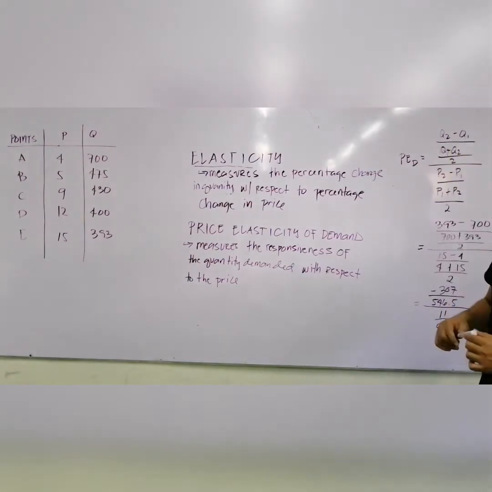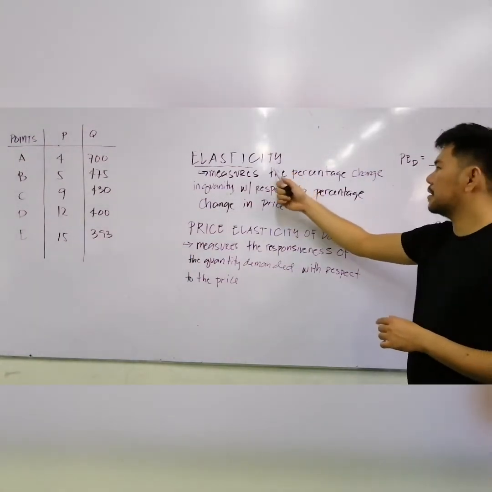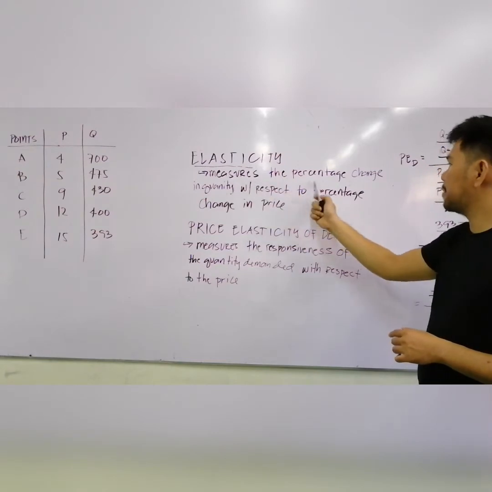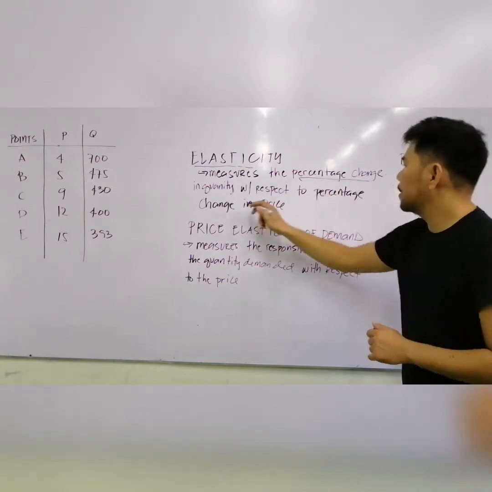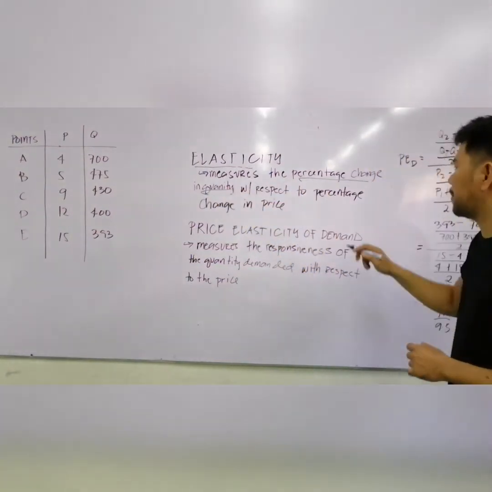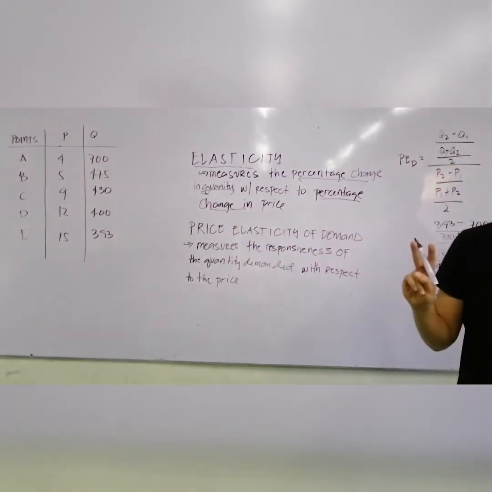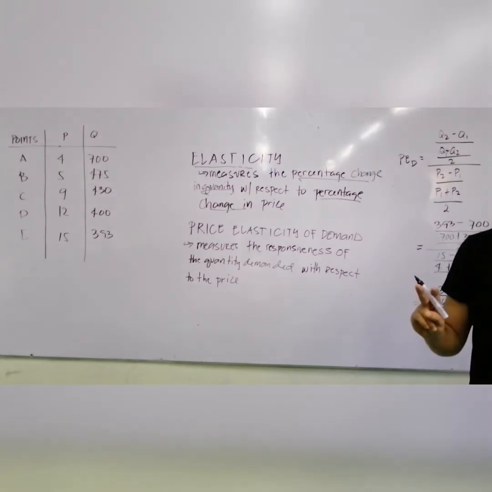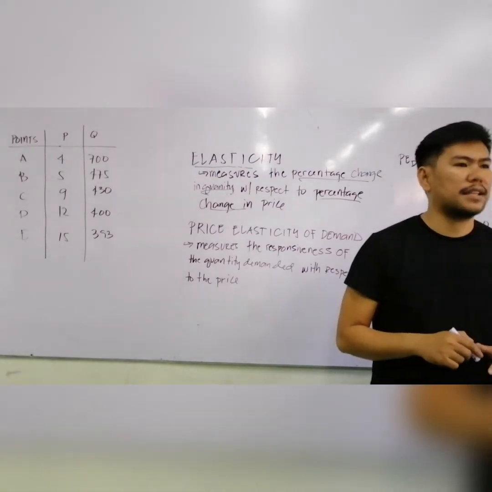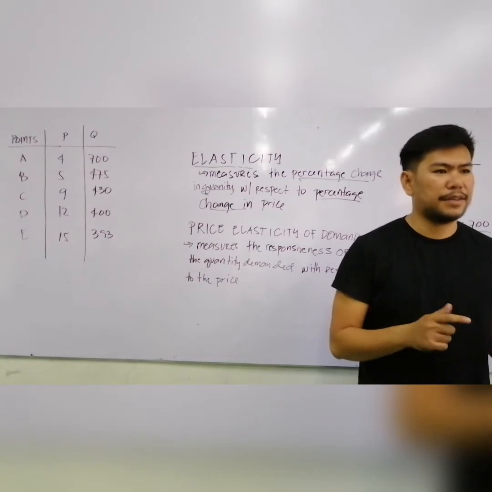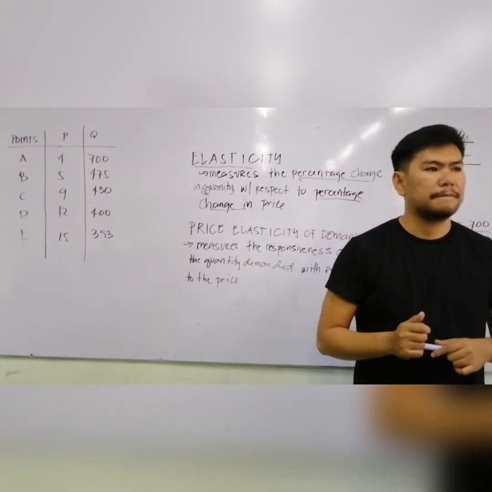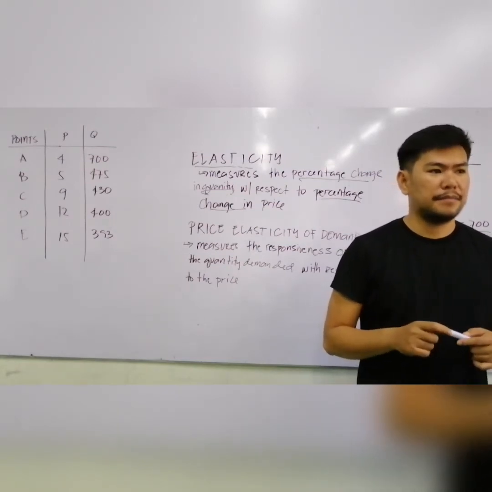In the same way, in this definition, elasticity measures the percentage change in quantity with respect to the percentage change in price. So there are two variables involved here, the price and the quantity. Which do you think is the independent variable? The price or the quantity? The price.